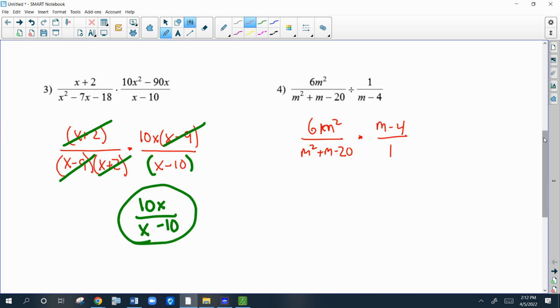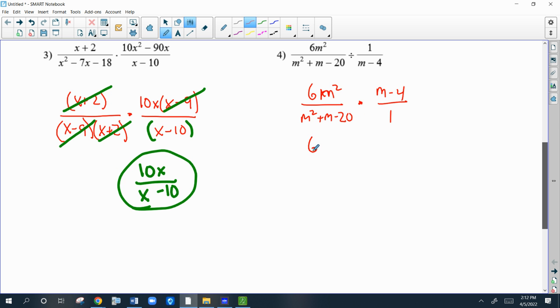Now there's not a lot of factoring to be done here. 6m squared is already factored. On the bottom here, we have to find factors of negative 20 that add up to positive 1. That's plus 5 minus 4. And then m minus 4 is a factor itself.